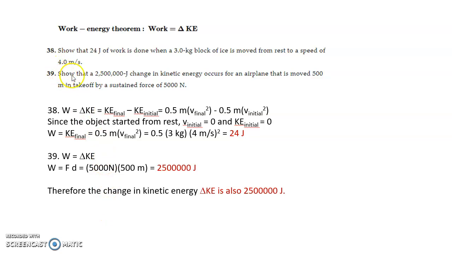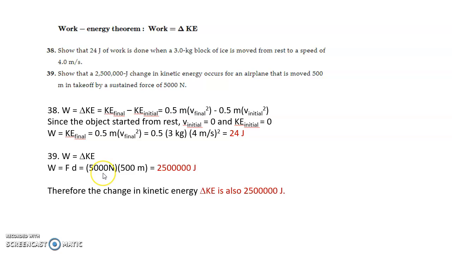For problem 39, we are asked to show that a 2,500,000 joules change in kinetic energy occurs for an airplane that is moved 500 meters in takeoff by a sustained force of 5,000 newtons. So here's our working equation. Work is equal to change in kinetic energy, but work is also equivalent to the product of force times distance.